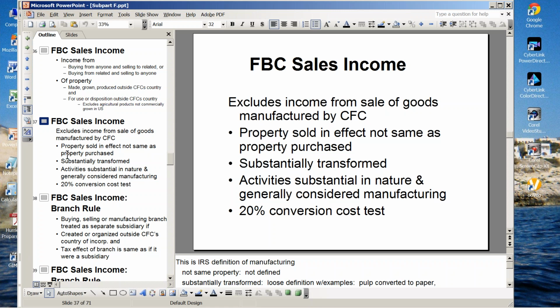There was a case under 263A that we'll talk about. The IRS had come out with a ruling in 1997 saying contract manufacturing didn't qualify as manufacturing for this Subpart F test.